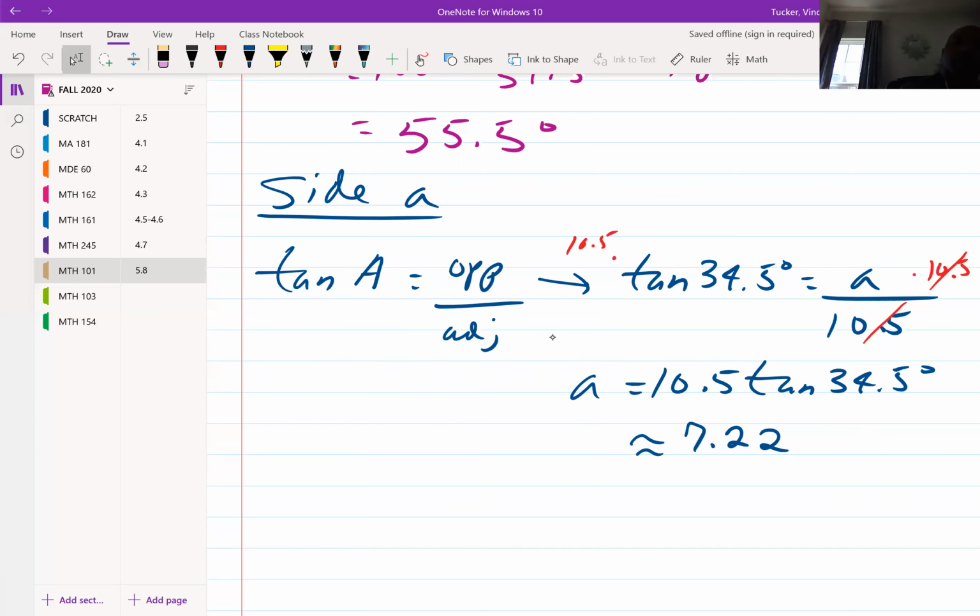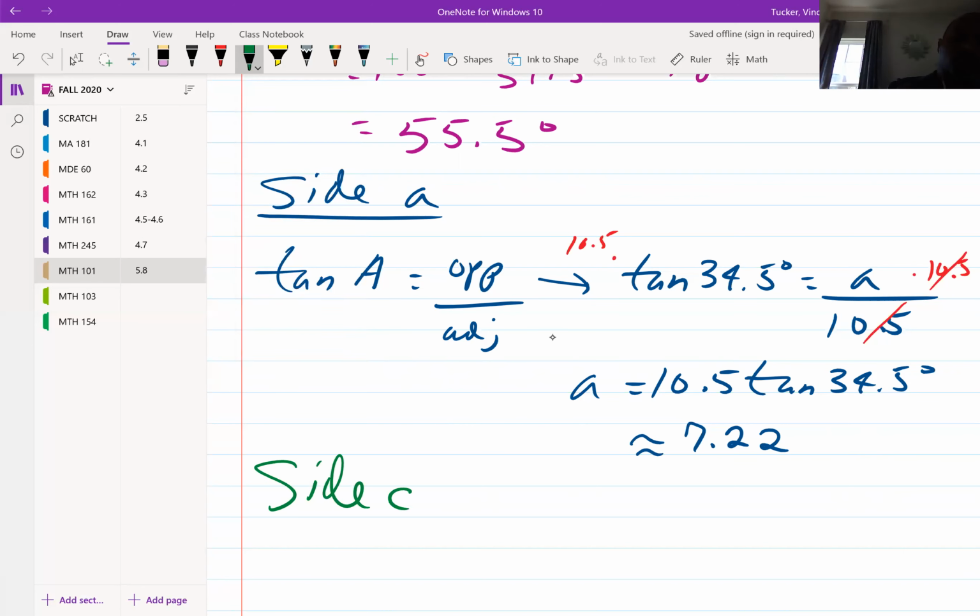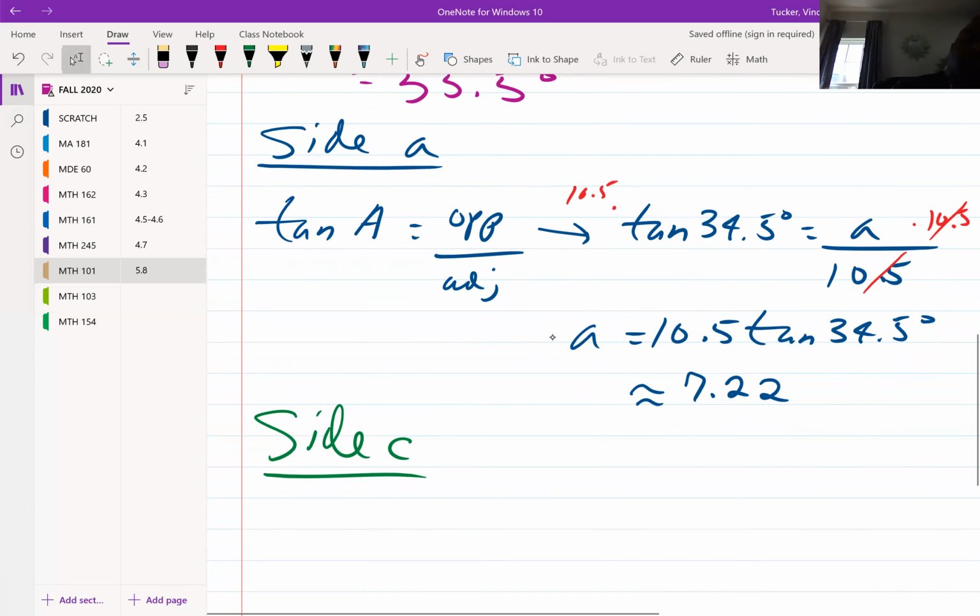All right, and last one, side C. Since we have a right triangle, we could use the Pythagorean theorem, but I'll go ahead and keep with our trig relationships. Nothing wrong with continually emphasizing that.